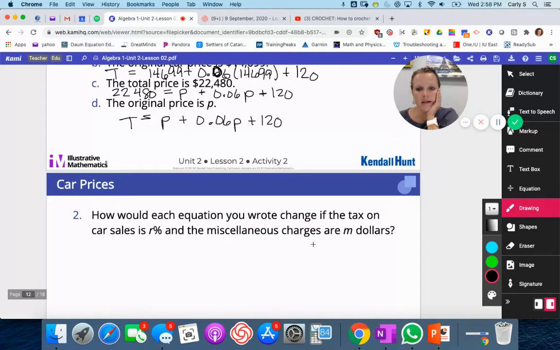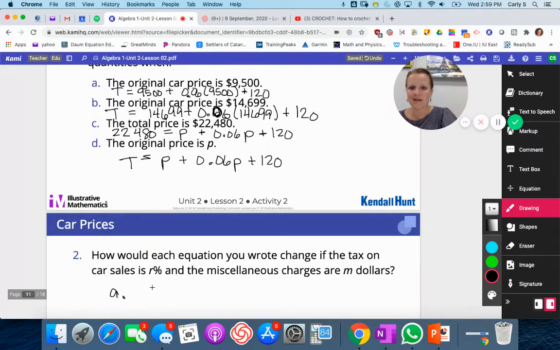How would each equation you wrote change if the tax on the car sales is R% and the miscellaneous charges are M dollars? Well, for the first one, T equals 9,500 plus R, but it's R percent, so I need to change that into a decimal.